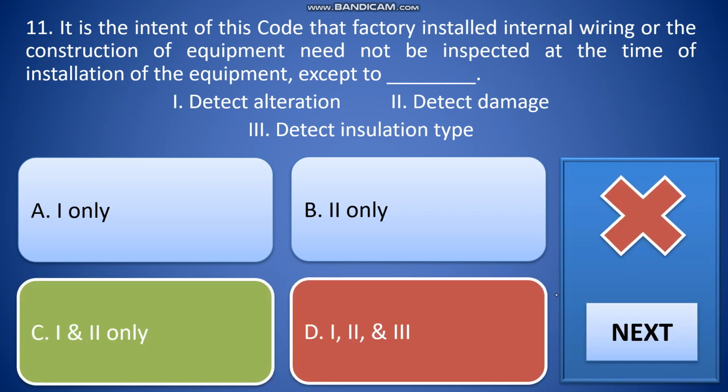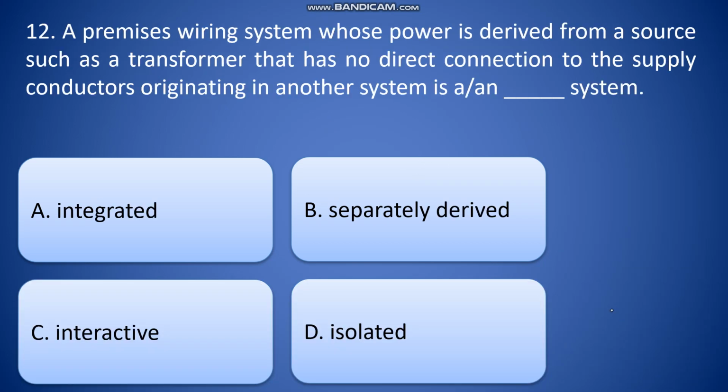So it is the intent of this code that the factory installed internal wiring or the construction of equipment need not be inspected at the time of installation of equipment except two. Dapat hindi na daw ini-inspect yung detecting of damage and then detecting of insulation type. So, we must take note of that.